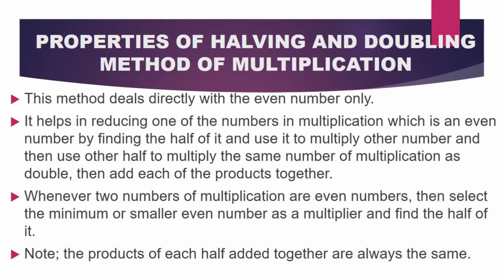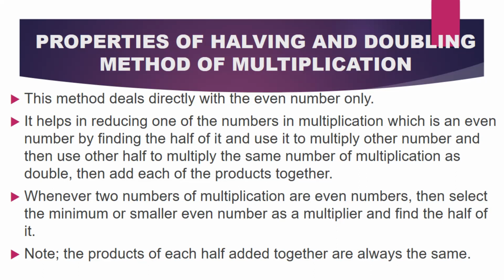And as I said, if both are even numbers, you choose the minimum even number and then you find the half of it and use it to multiply as you said earlier on, okay? Note, the product of each half added together are always the same. Like what I said here, when you use the half to multiply the other one, the answer that you get will be the same as using the other half to multiply the same number.